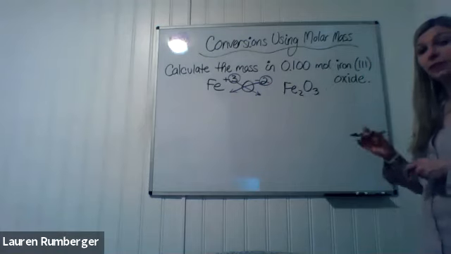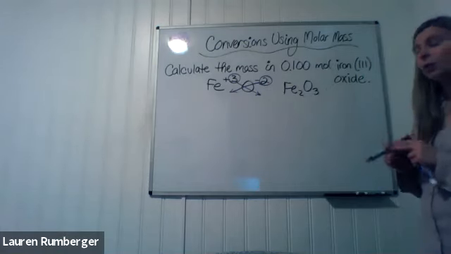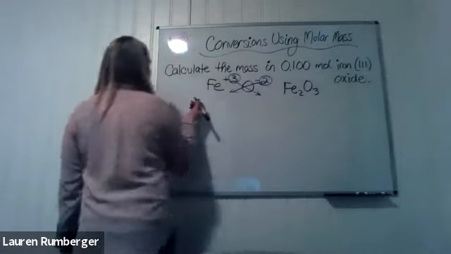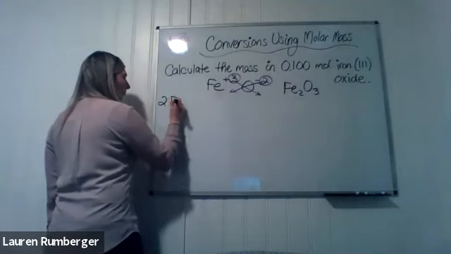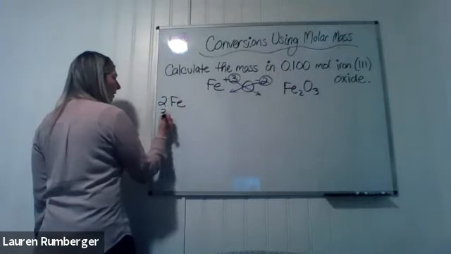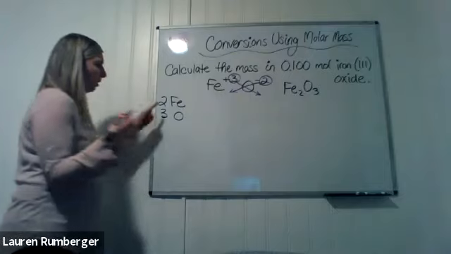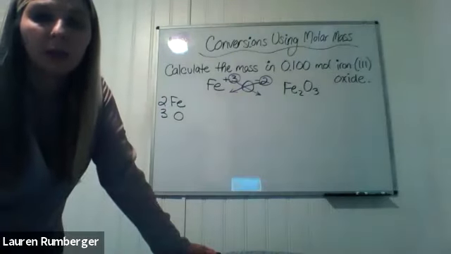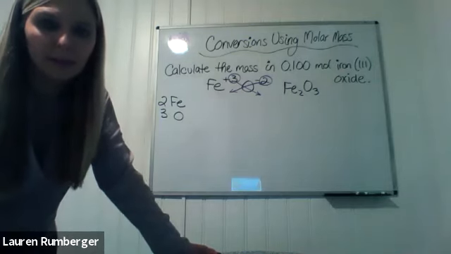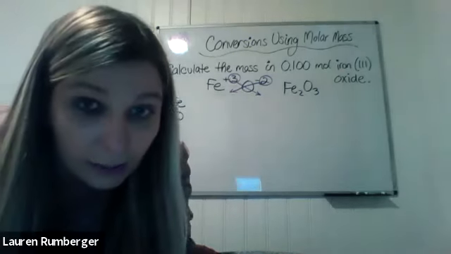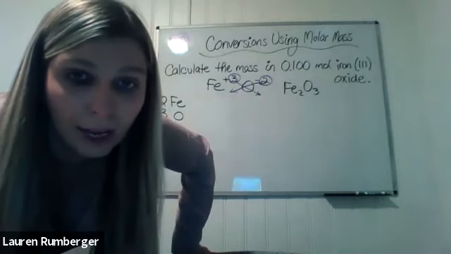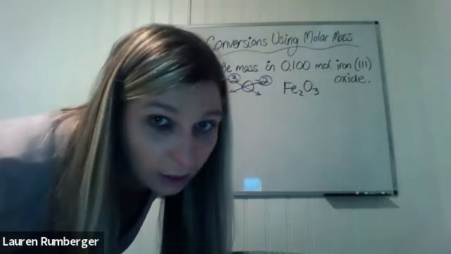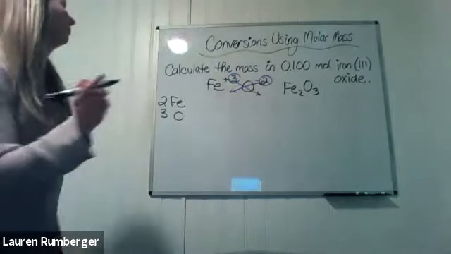And now we must calculate the molar mass according to the elements present. So we have 2 iron and 3 oxygen atoms. So let's look for the molar mass on our periodic table. Looking at my periodic table on my desktop, I see iron has a mass of 55.85.